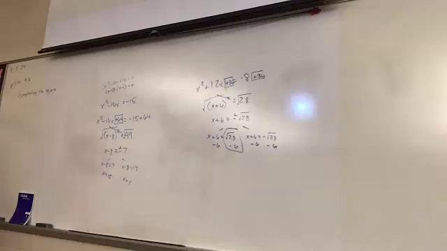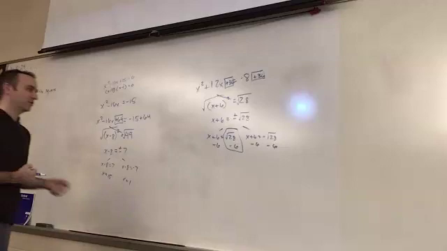So square root of 28 minus 6. You're looking at that on your calculator right now, and you have 4.69. That is incorrect. The reason why it's incorrect, you didn't close the parentheses.